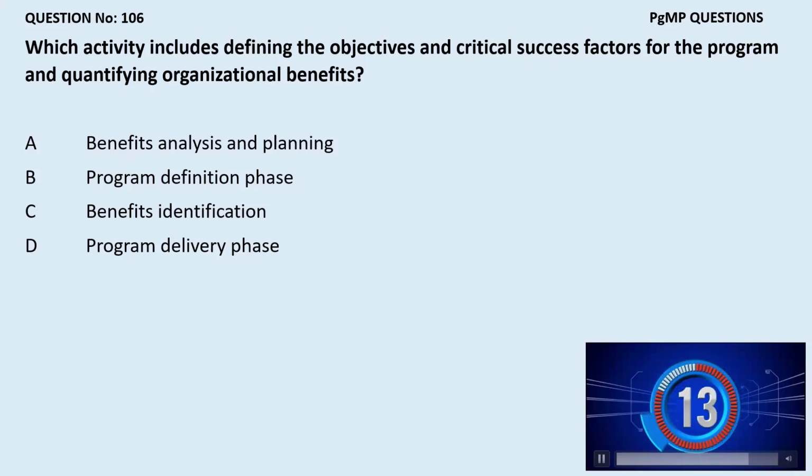The tone is in the beginning, quantifying the organizational benefits, not the program benefits. Everybody is going for A, but look at the tone of the question. When are you taking care of your organizational level benefits? In the beginning phase of your program. Benefit analysis and planning I am doing inside my program lifecycle.